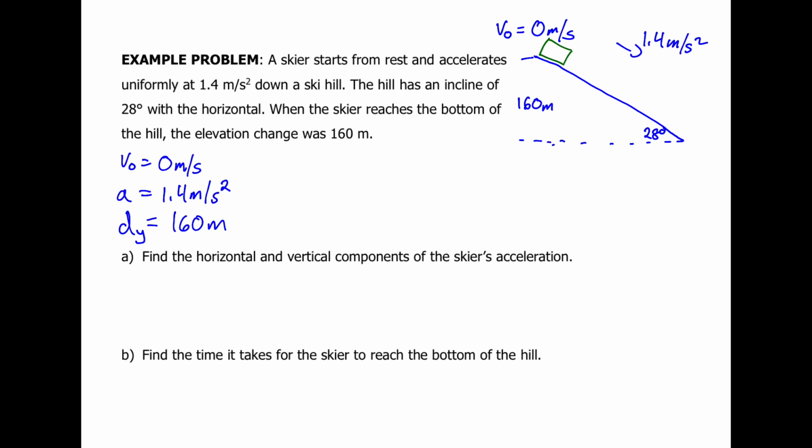All right, so we get to break out our trigonometric functions for the first part. We're going to find the horizontal and vertical components of the skier's acceleration. Horizontal, so that is A in the X direction. That's just going to be A times the cosine of the angle that I have.